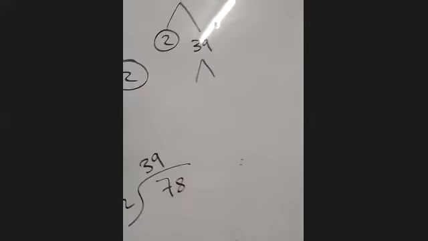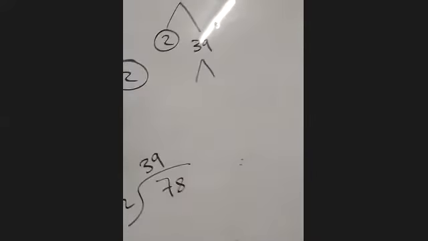If you don't know, go to the 39 and try to divide by 2. It is odd, so it won't divide by 2. Try to divide by 3. If you divide by 3, it will be 13. So 13 times 3 is 39. We stop at 13 because it's only 13 times 1, and the 3 is only 3 times 1. We stop and put circles. Do you understand the tree, Mr.?